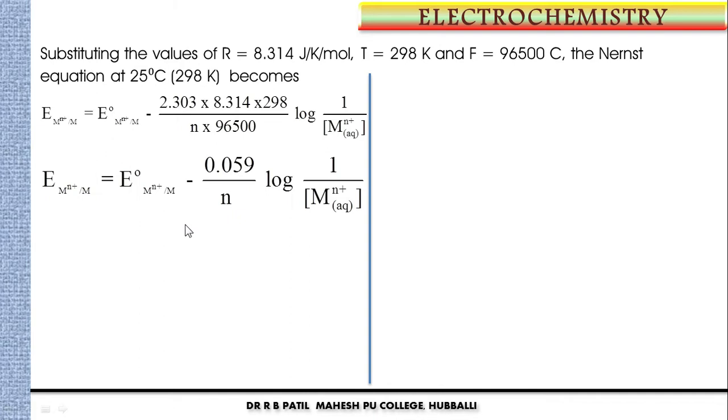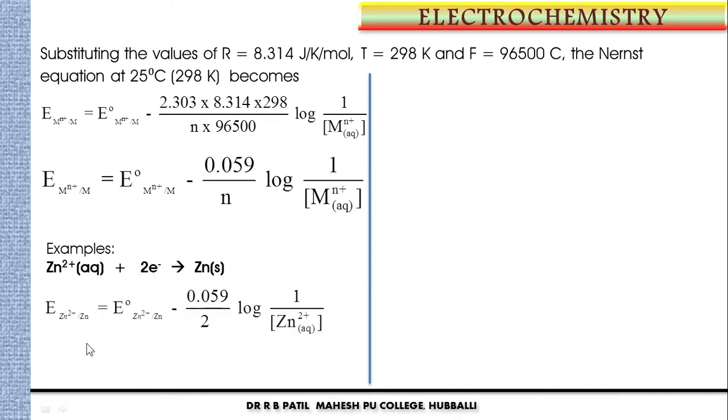So let us see examples, and for those examples let us write the Nernst equation. For example, zinc ion undergoes reduction by gaining 2 electrons. Now let us write the Nernst equation. I want to calculate electrode potential of zinc.